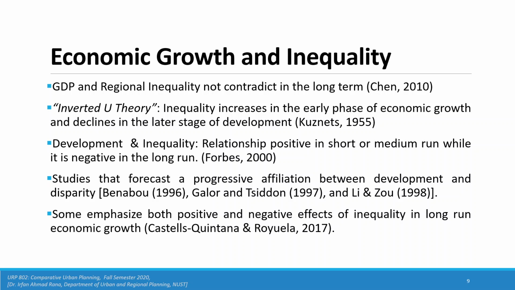But overall or generally, most of the research shows that in the long term, right? The keyword here is the long term. Inequality is negatively related to economic growth, and the countries with less disparity would have more middle class and a more sustainable or stable economic growth.